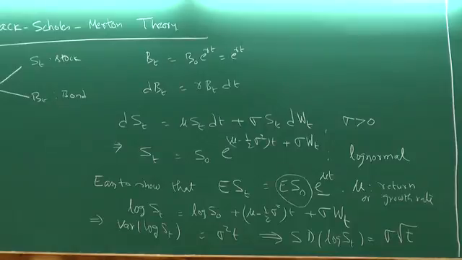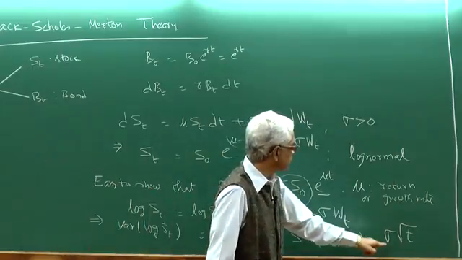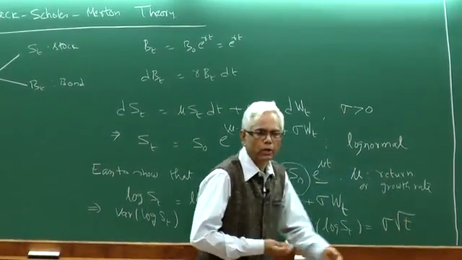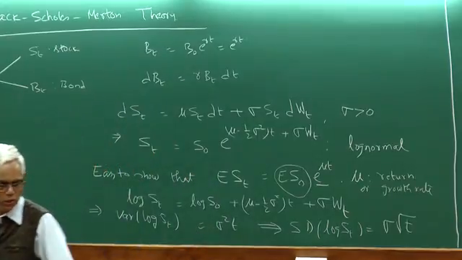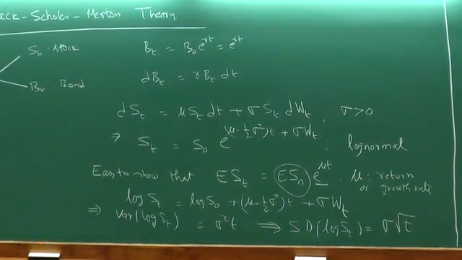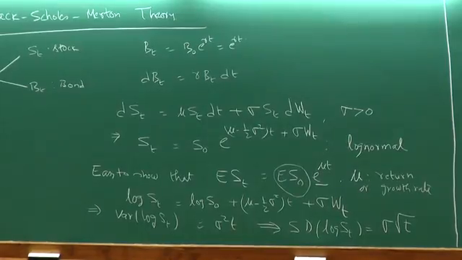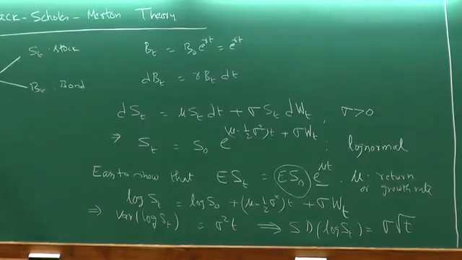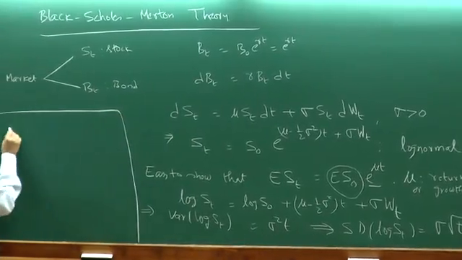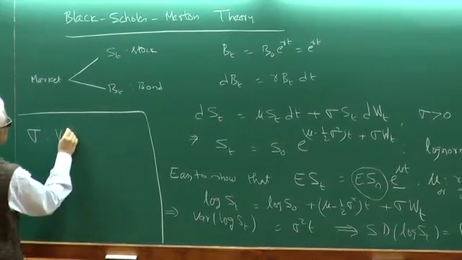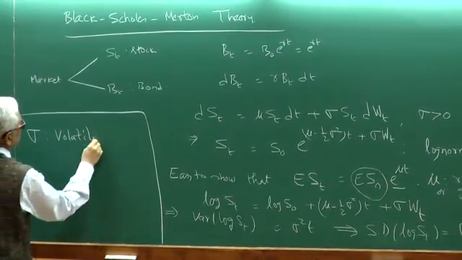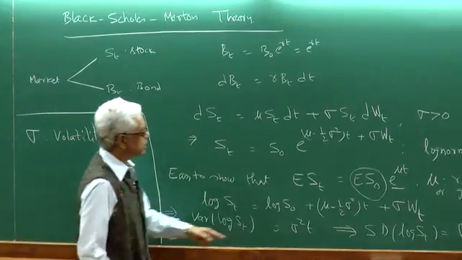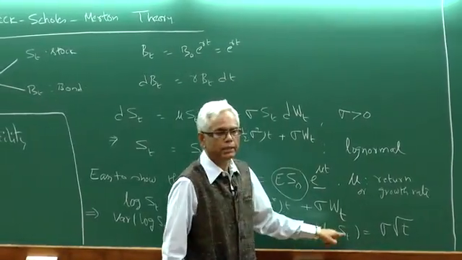Square root of T appears because it's associated with Brownian motion, so it evolves like square root of T, and sigma is the parameter that's always multiplying. Therefore sigma is the most important parameter, and it is called the volatility, because it represents the standard deviation.